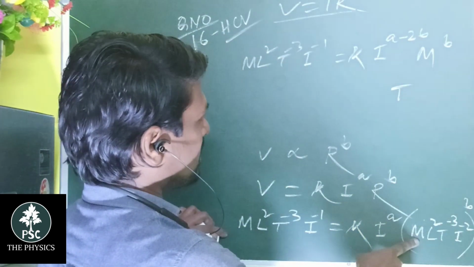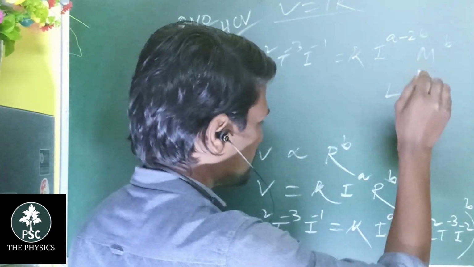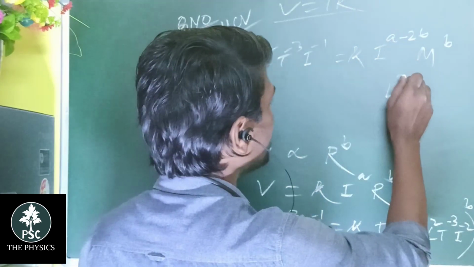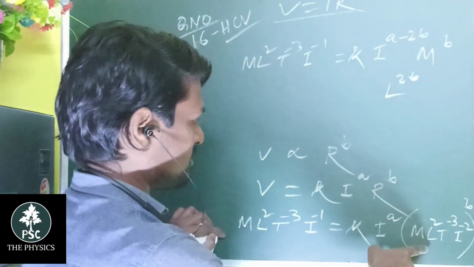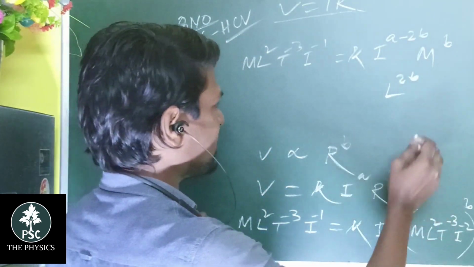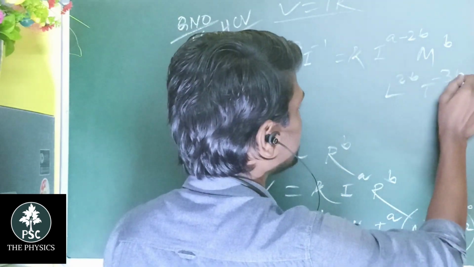Sorry, what about L? L to the power 2B and T to the power minus 3B.